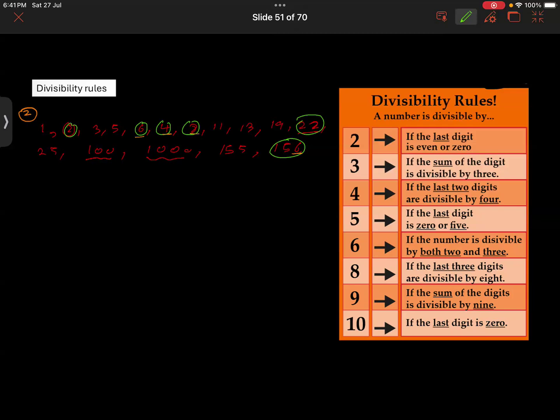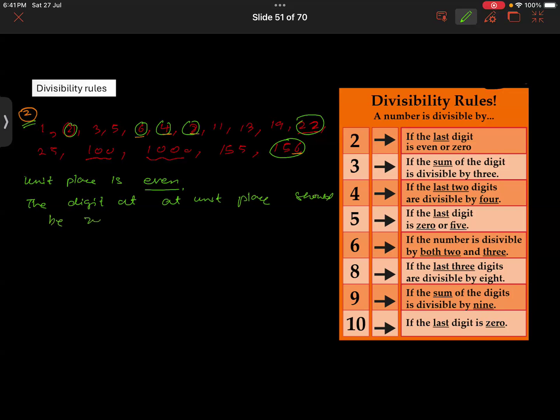So far, what are the rules we have studied? The first rule we have studied is that for any number to be divisible by 2, we need to look out whether the unit place is even or not. Right, Habib? Yes. Unit place should be even. The second thing is that the digit at unit place should be 0.